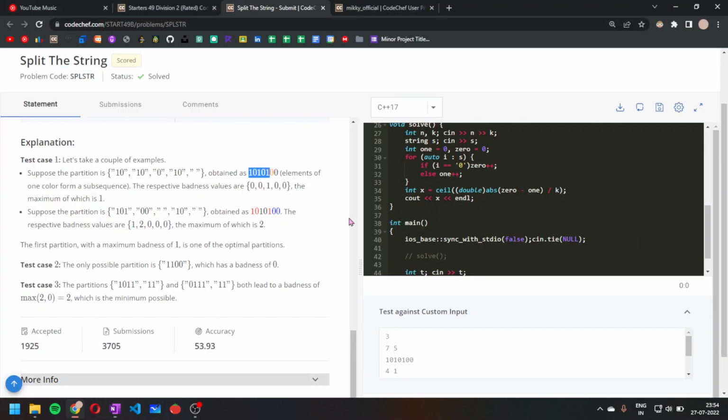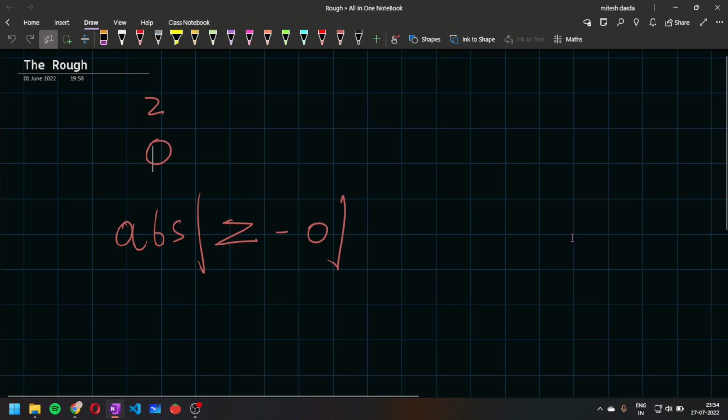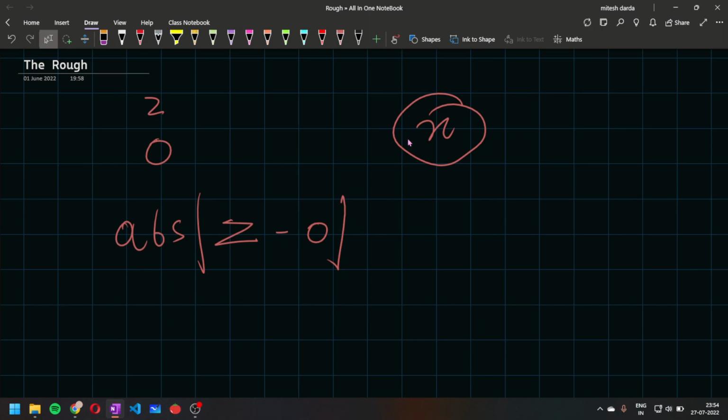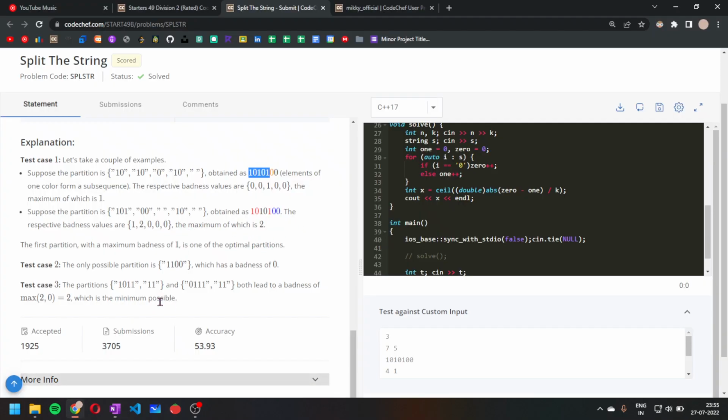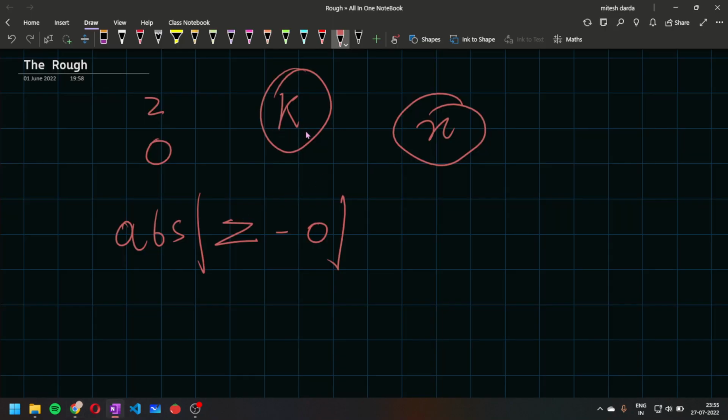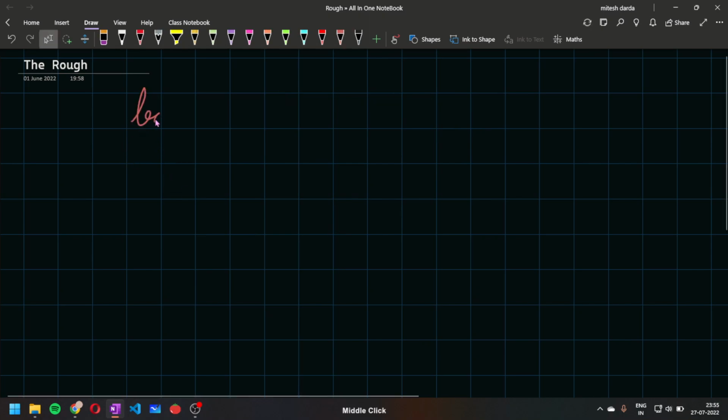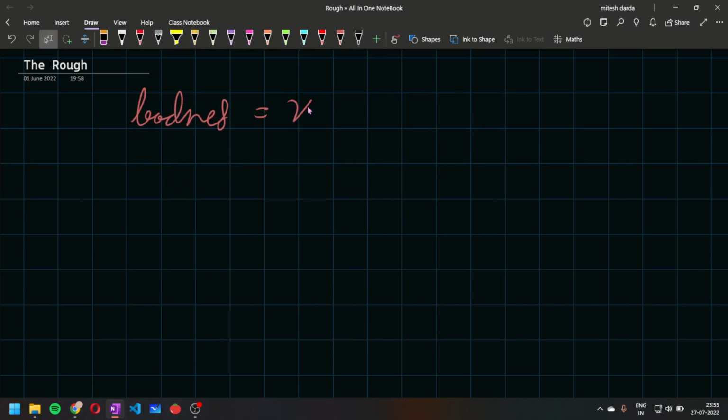All right. So the possible answer could be, let's say our badness is equal to x, and we can make a total of k subsequences. Right? We have to make a total of k substrings or subsequences. So let's say badness is equal to x, and we can make a total of k subsequences.